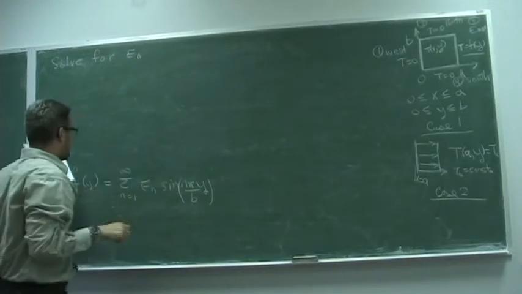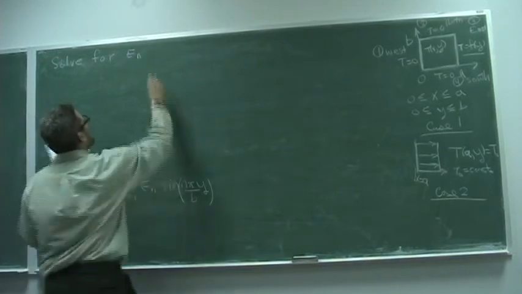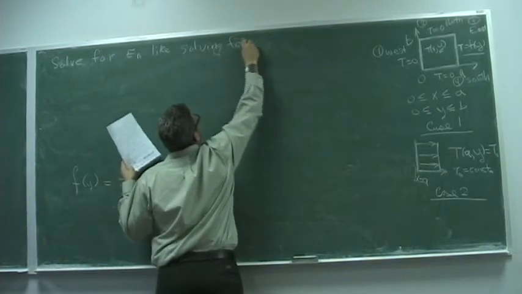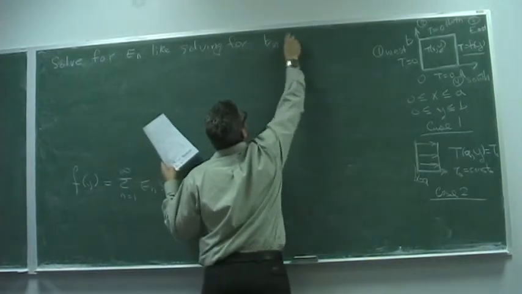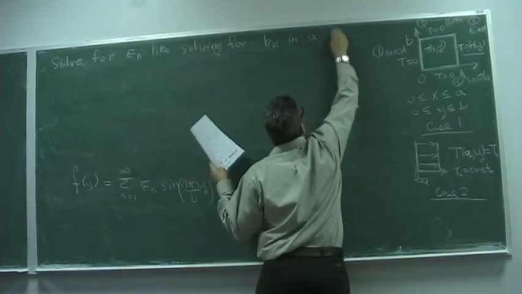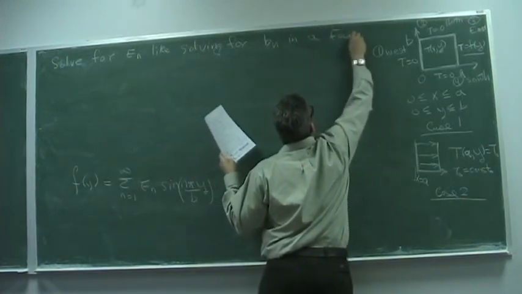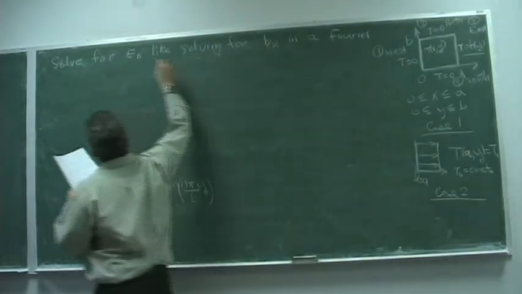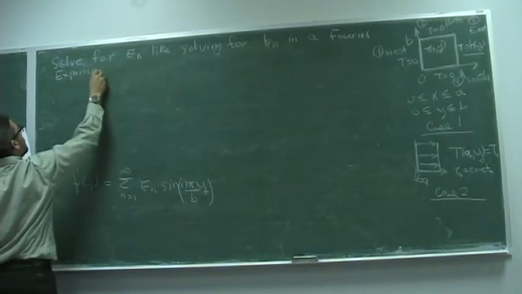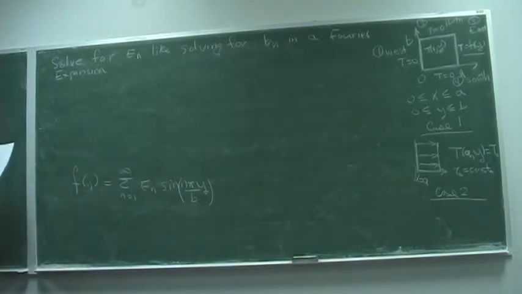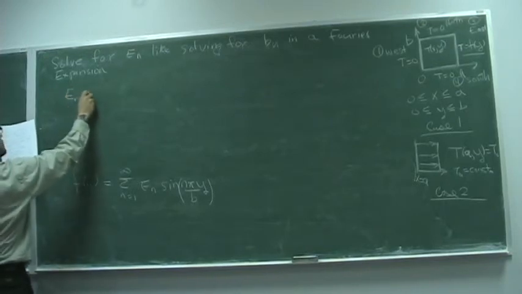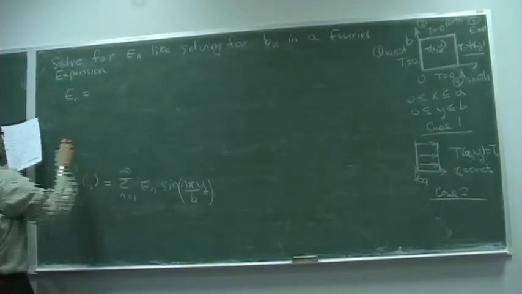This is like solving for b sub n in a Fourier expansion. So we can use our formulas.